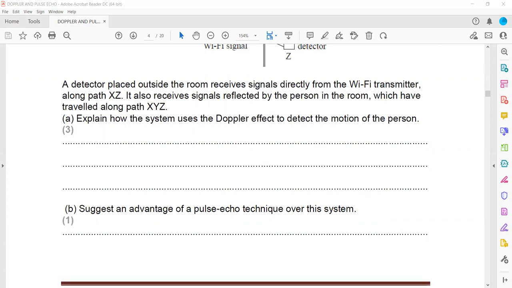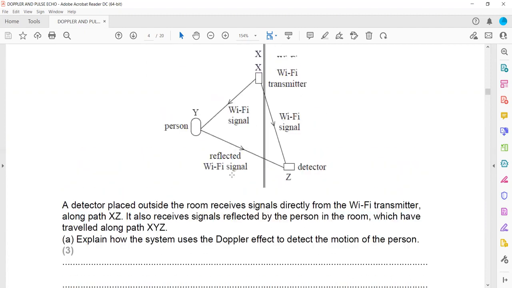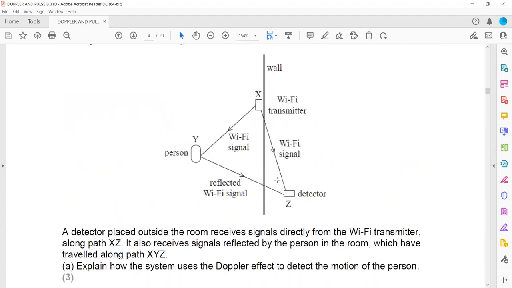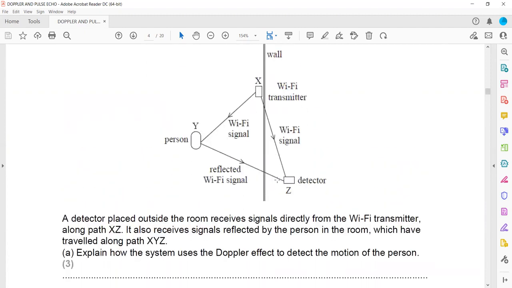This is one of the systems, but we can also use a pulse echo technique. Why would it be more effective? Because with the signal sent and signal received, we can use speed equals 2d divided by t.